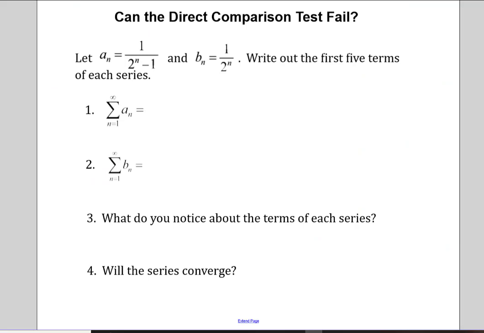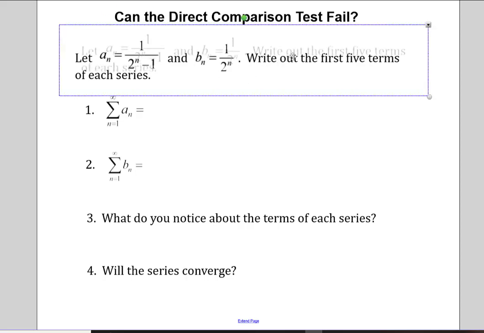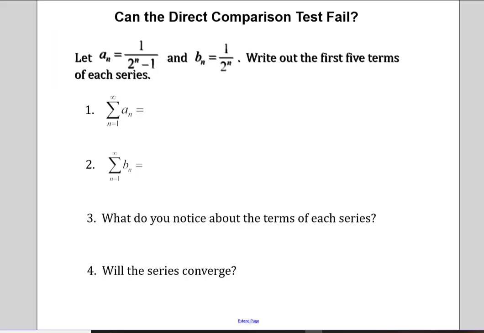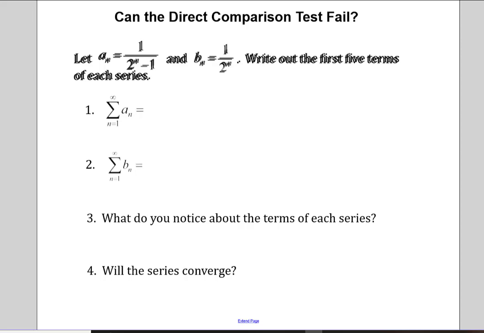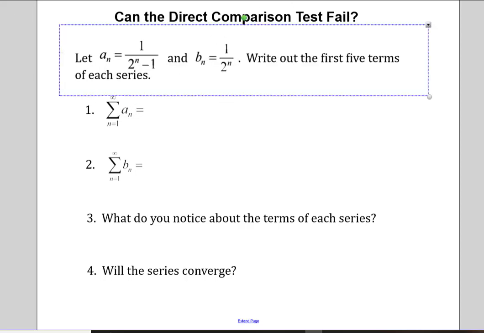So here's an exploration. Can the direct comparison test fail? If we let a sub n be 1 over 2 to the n minus 1 and b sub n be 1 over 2 to the n, we want to write out the first 5 terms of each of the series. In the first one, the first term would be 1.